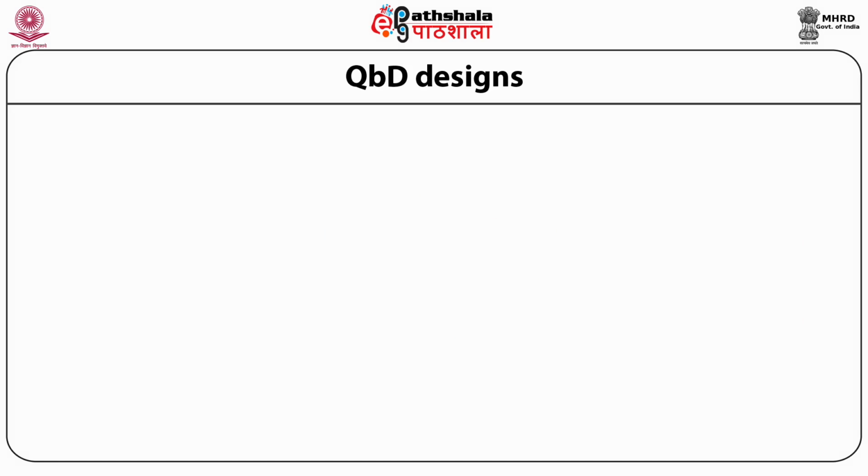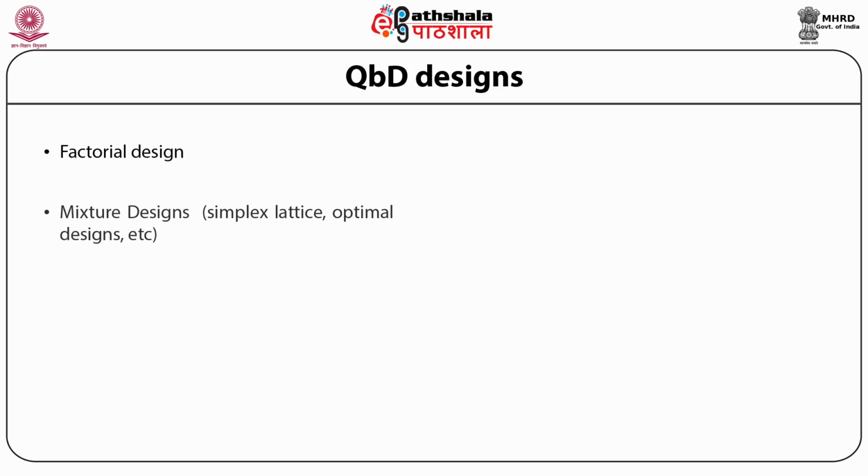The question is, what is quality by design? We have different quality by design types, that is factorial design, mixture design, which is composed of simplex lattice design or optimal design, and then another is central composite design or Box-Behnken design.